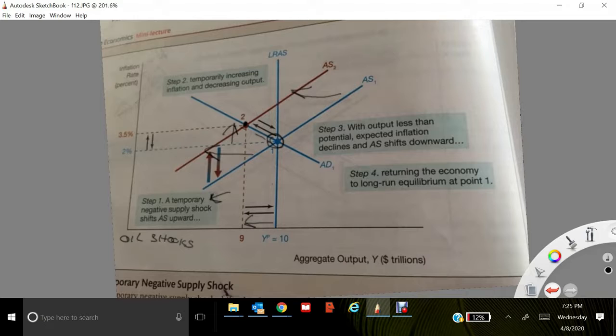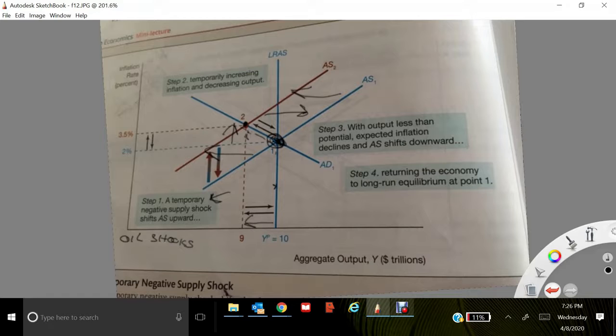Eventually, this output gap will result in slack in the labor market, as you would get unemployment there, and then expectations of inflation would eventually fall, and wages would fall relative to inflation, and you would have a shift back in the supply curve until you arrived at, theoretically, the original equilibrium point.